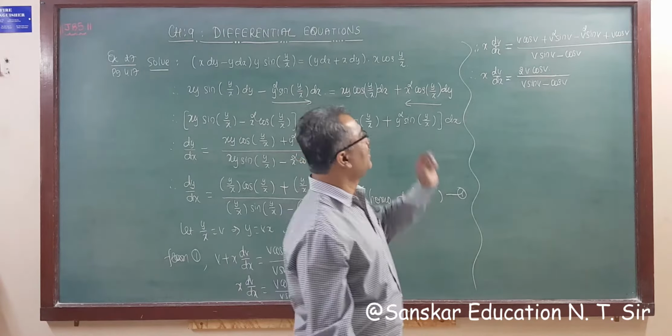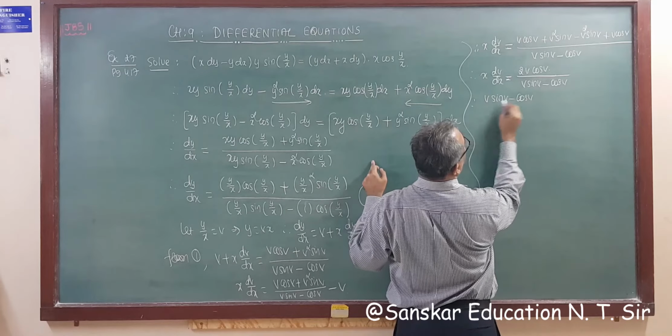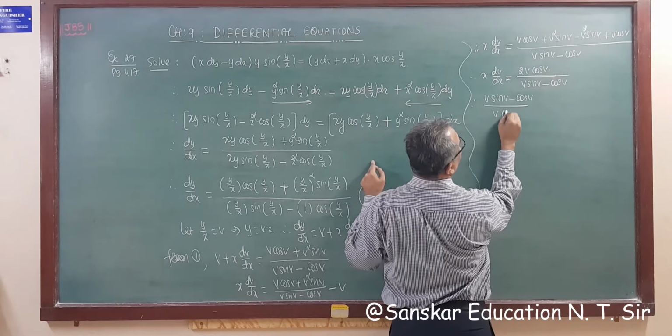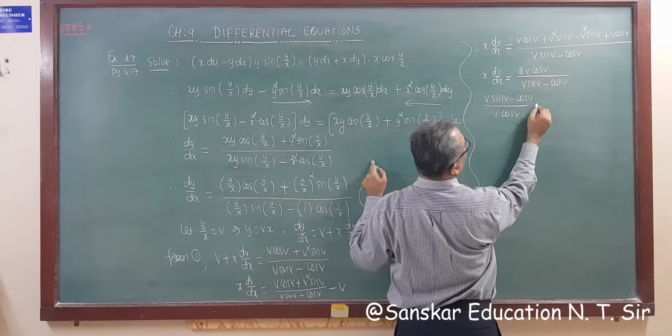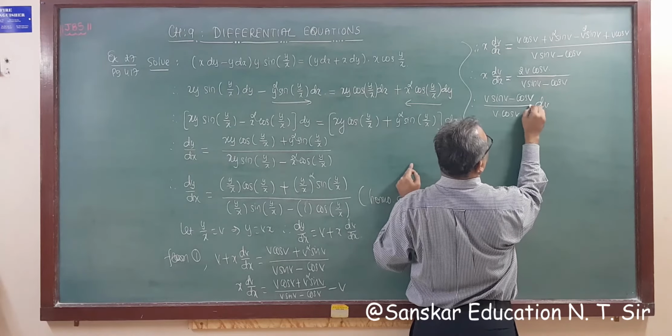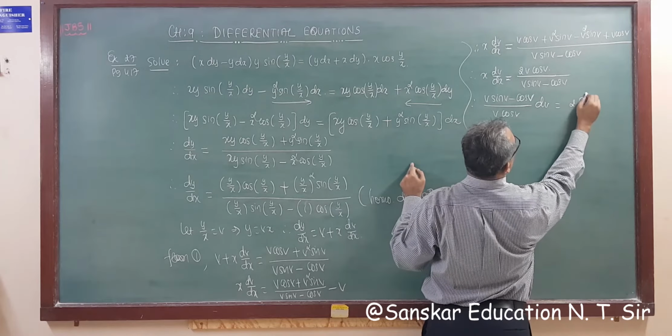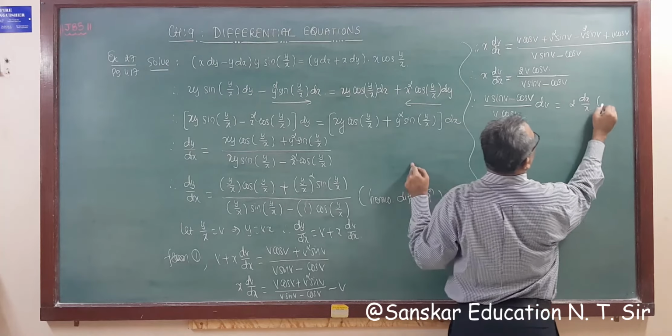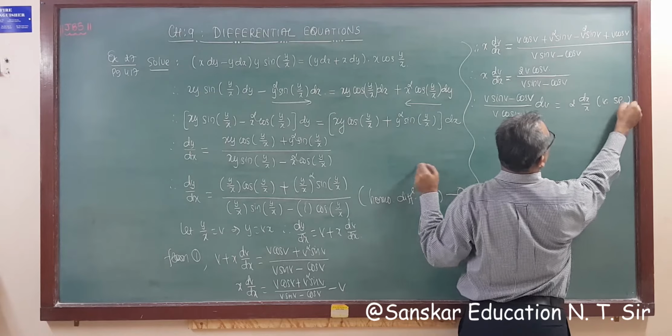So now changing into variable separable form. So this is v sin v minus cos v, I'm taking only v cos v, I'm leaving 2 here as it is, dv is equal to 2 times dx upon x, and this is variable separable form.